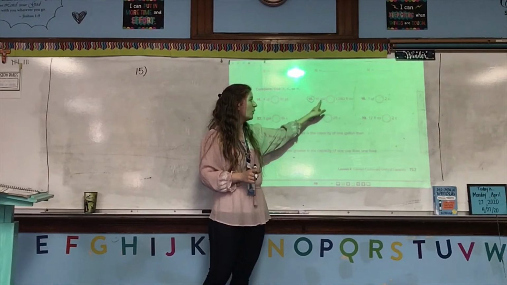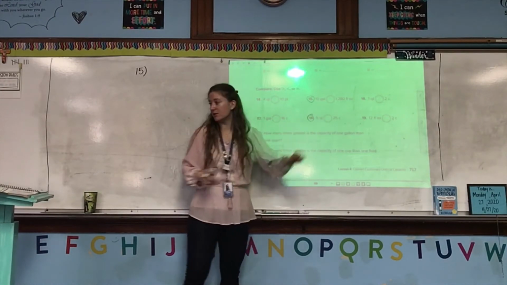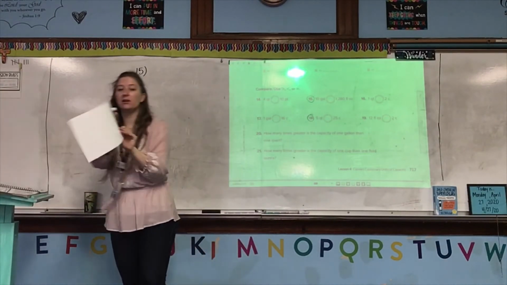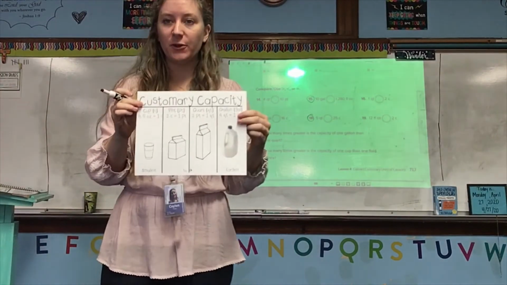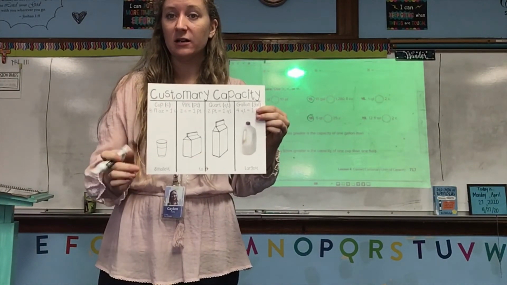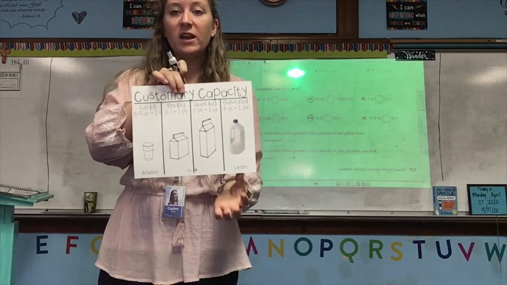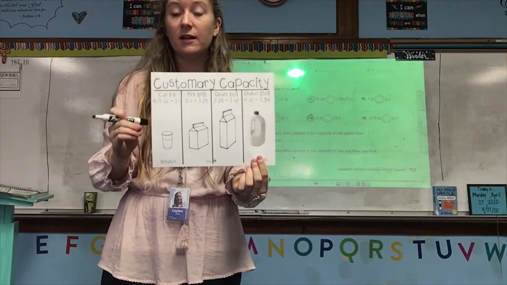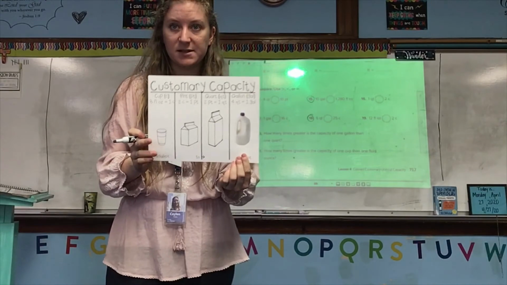So we know that gallons are the larger unit because if we look at our chart, well, we don't have fluid ounces, but we imagine that they are right here because they are smaller than cups. We know that gallons are much bigger than fluid ounces.